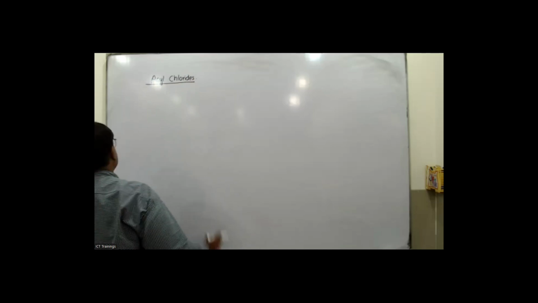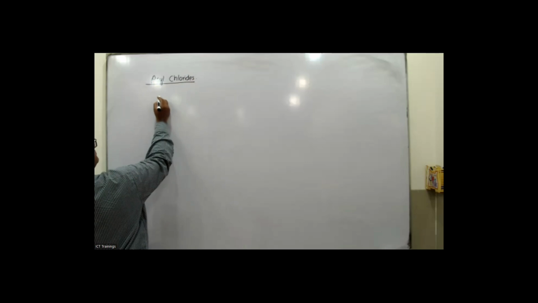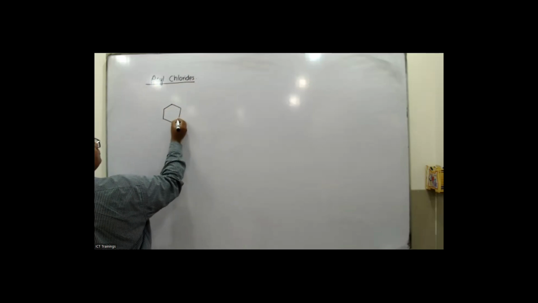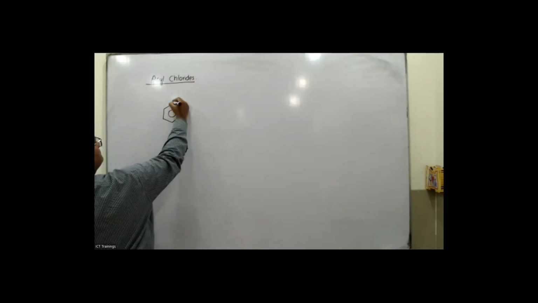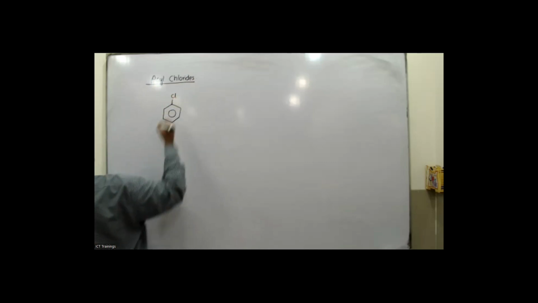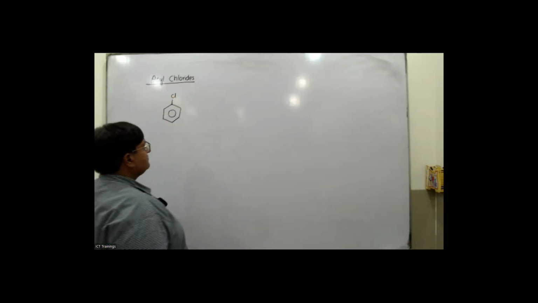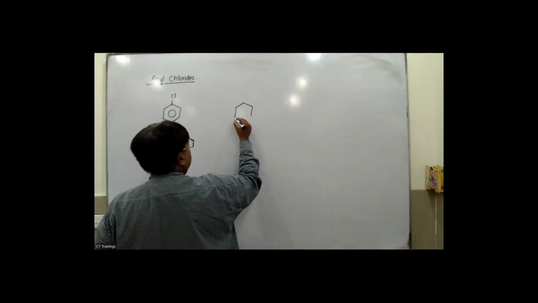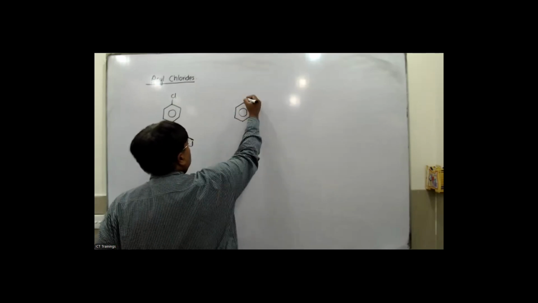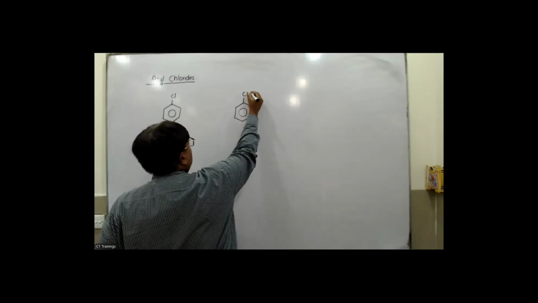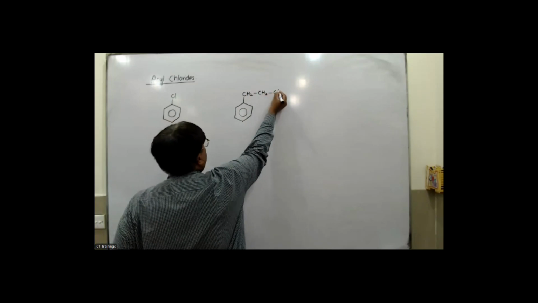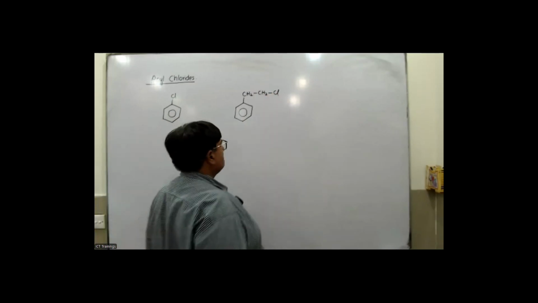Okay. So today I'm going to make three compounds for you up here. This is the first compound, the chlorine is attached to it. This is the second compound, benzene attached with a carbon chain, which is attached with the chlorine.